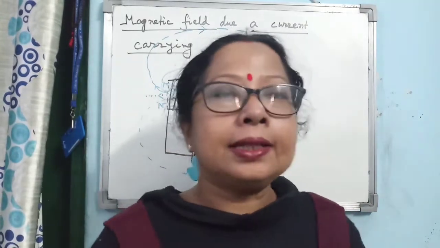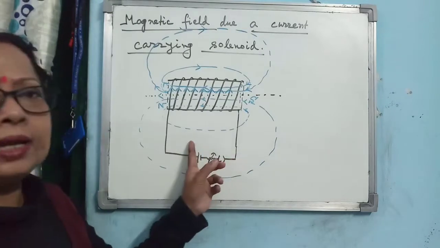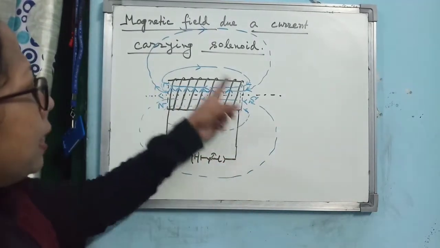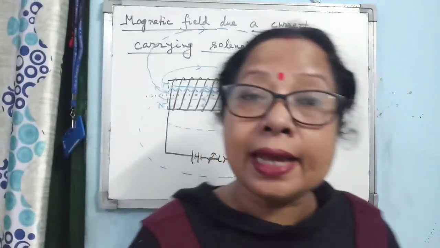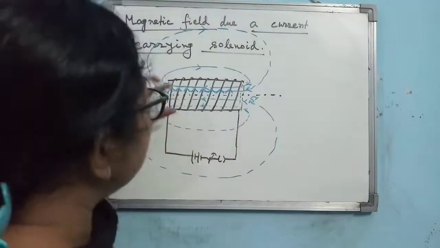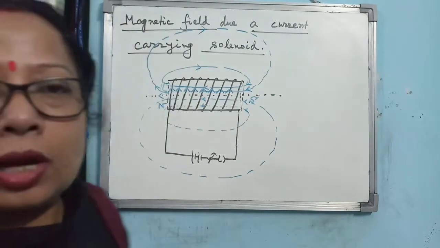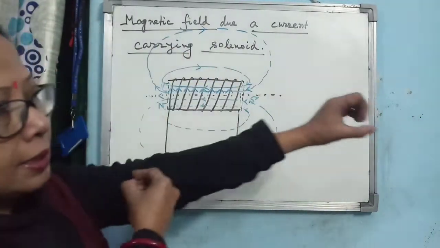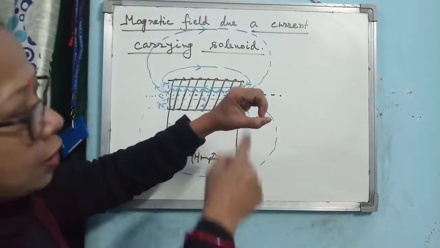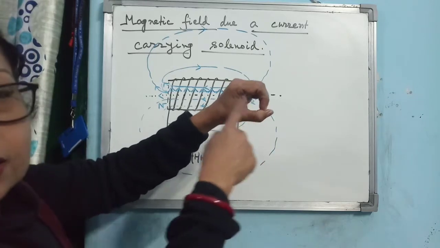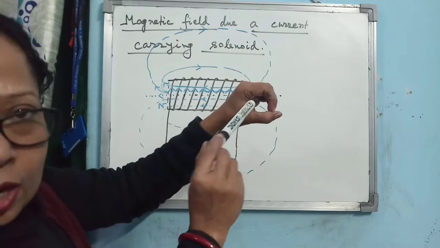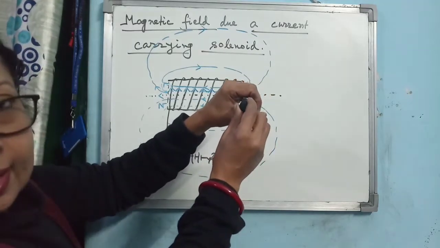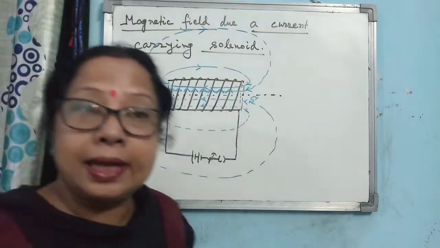I hope so. Then, the magnetic field produced by the solenoid depends on another point. It depends on the material kept as a core of the solenoid. Alright, what is core? Suppose this is the turns of the loop. So here, this portion is known as the core. Inside the core, you may have air, or you may use soft iron, or any other material.